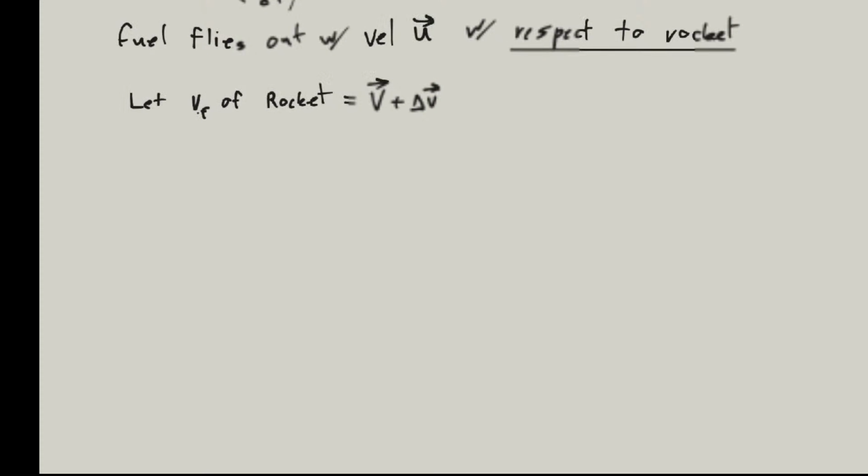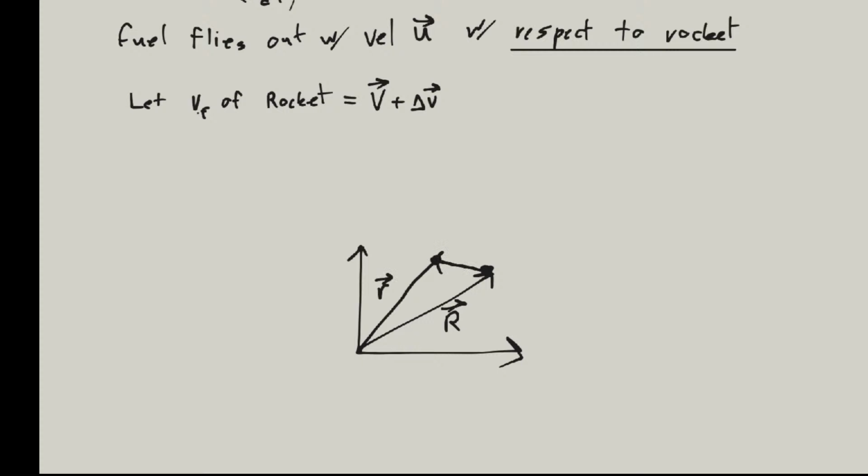Okay, so let's consider just 2 dimensions. Imagine that the rocket is over here, and it has a position of big R, and imagine that the fuel is over here, and it has a position of little r. And the position of the fuel with respect to the rocket is, let's say, little r prime.